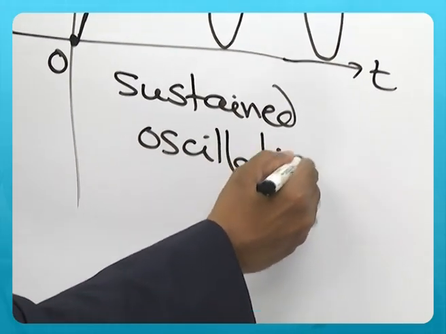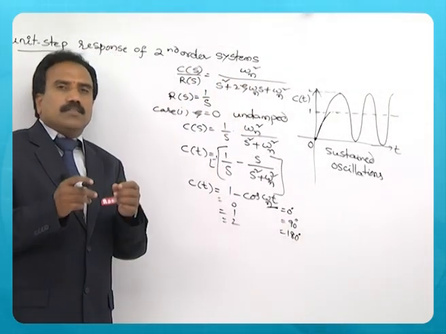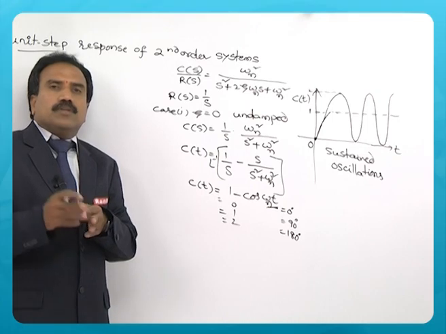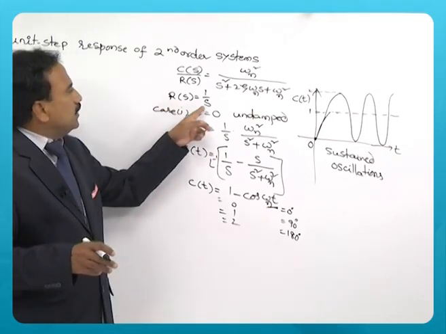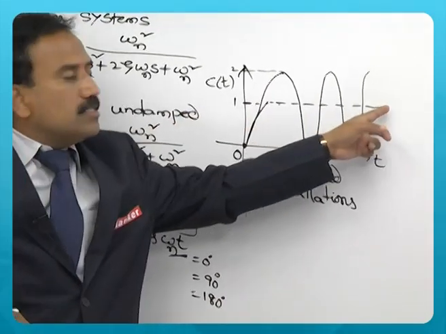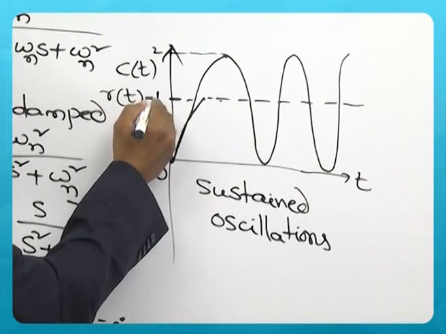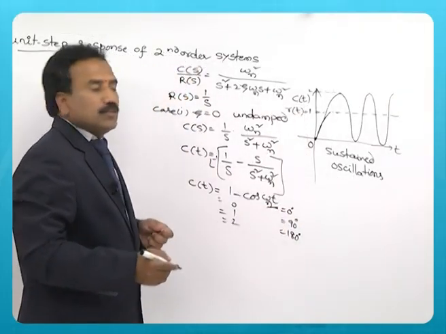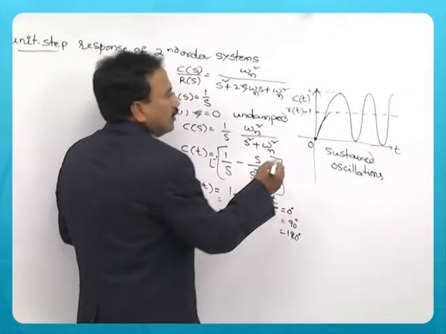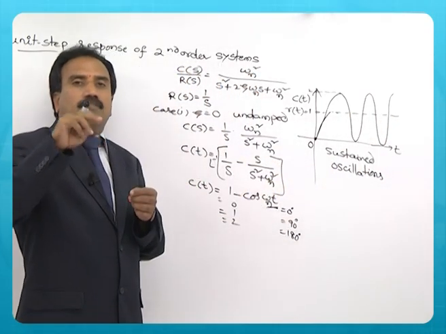Sustained oscillations means the two poles are at the verge of instability. So if you excite such a system by a unit step input, where 1 is R of t, the response C of t will never reach a steady state value.